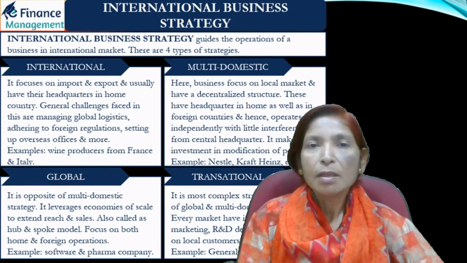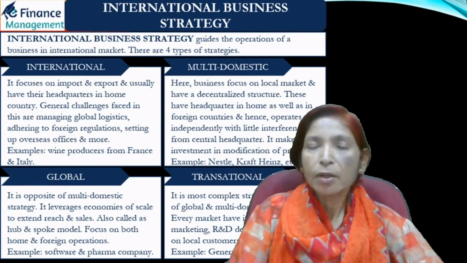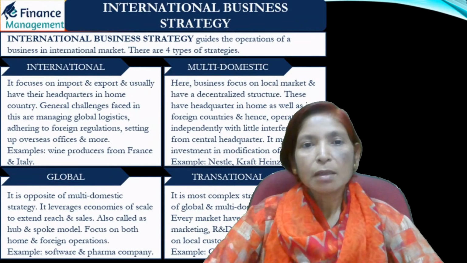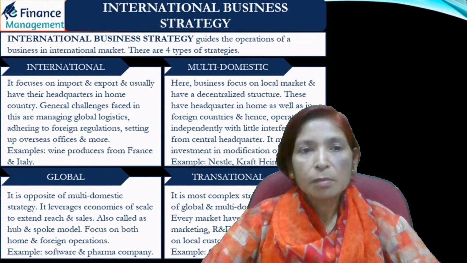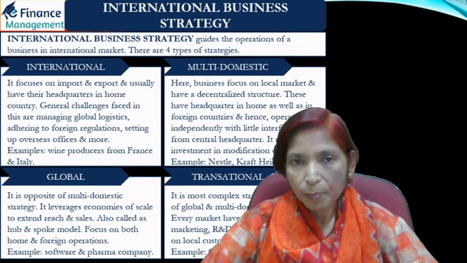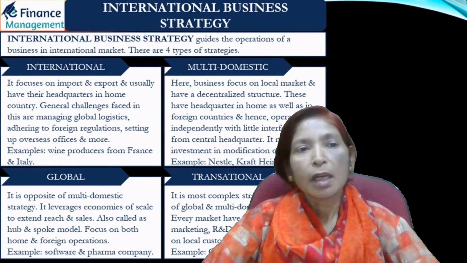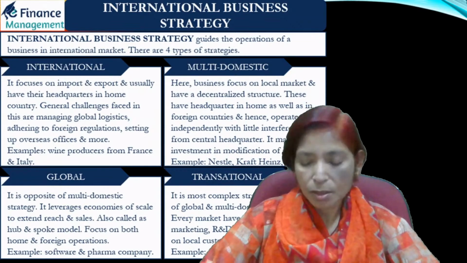For example, General Electric and Toyota. So these are the four main types of international business strategies. And generally, these strategies guide the operation of a business in the international market.